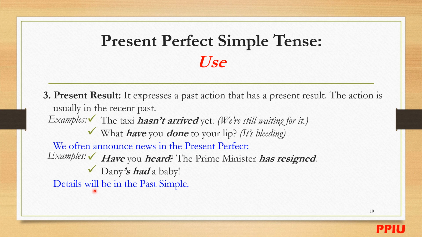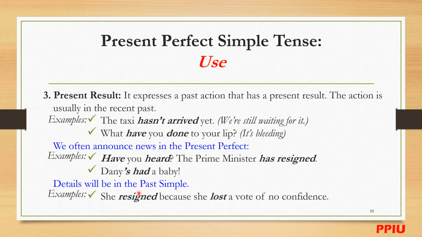So for the news, they announce it with the present perfect, but for the detail, normally they just use past simple. For example, she resigned. She resigned because she lost a vote of no confidence. So because of that reason, she decided to resign.